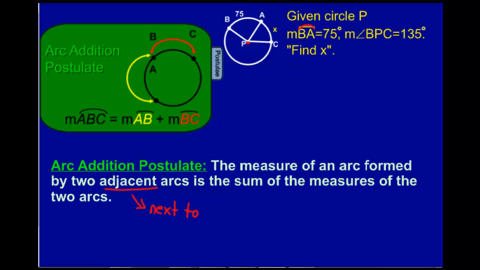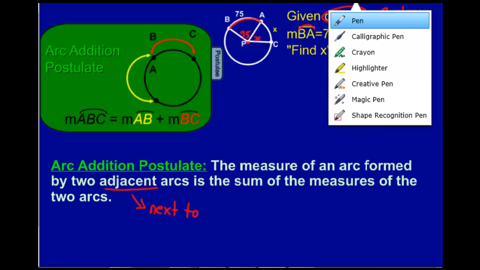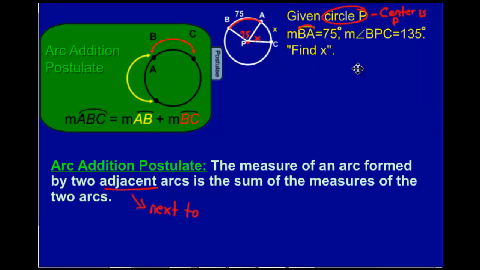So we have a central angle here at P. And that's what it means when it says circle P. It means the center is at point P. This arc here is 75, so this angle is going to be 75. This arc is X, so that central angle is going to be X. Now, we also know BPC, that angle here is 135, and that means those two arcs added together are also 135.